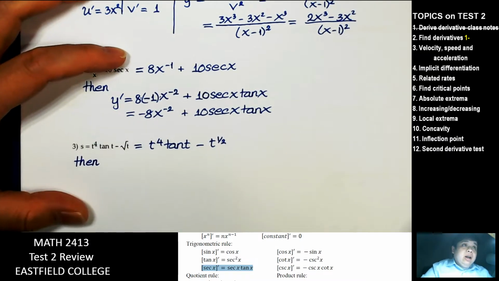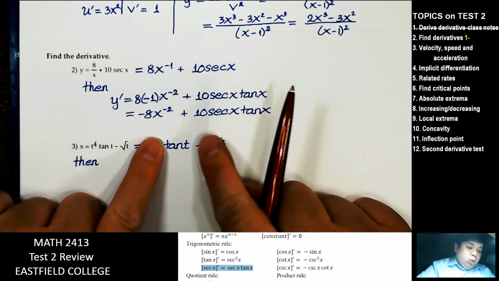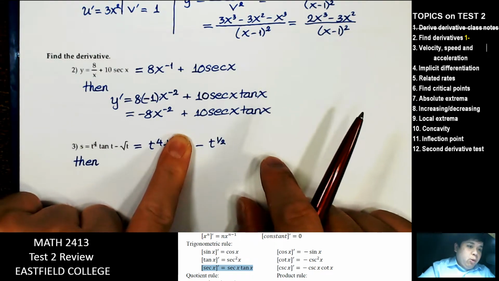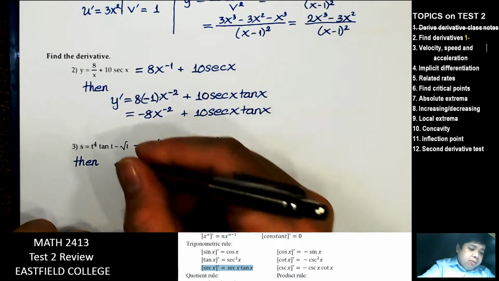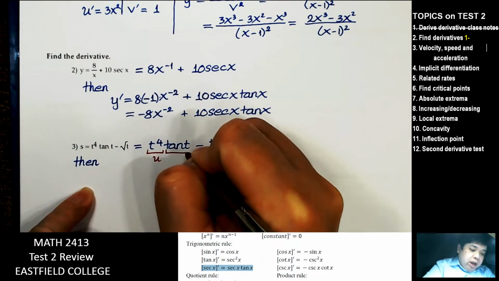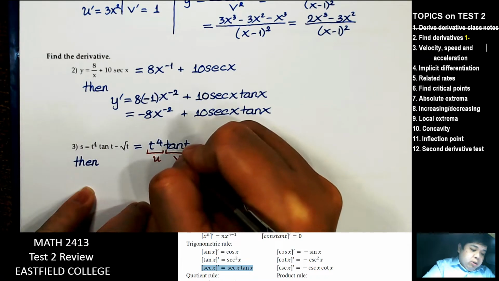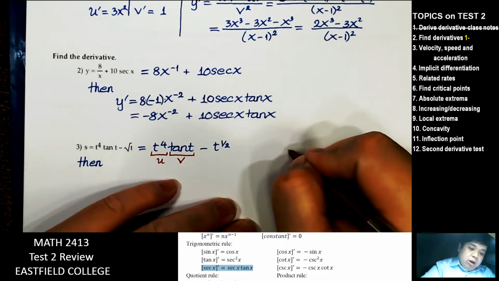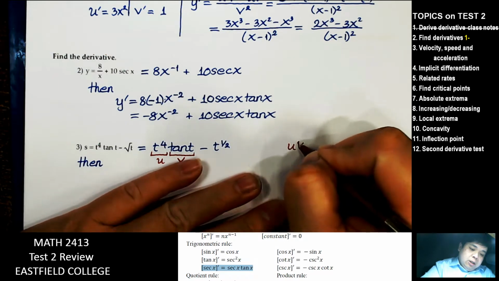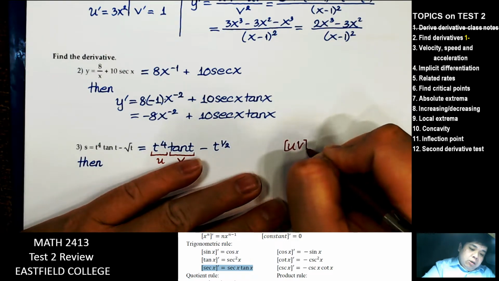Right. What we see is, again, we can take derivative of tangent t, take derivative of t to the fourth and t to the 1/2. However, since these two multiply together, we have to use the product rule. I will write over here. Derivative of the product.